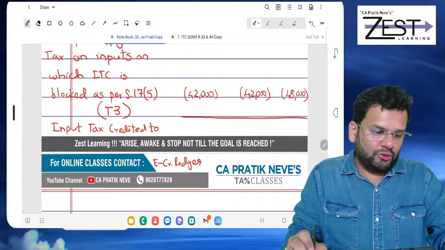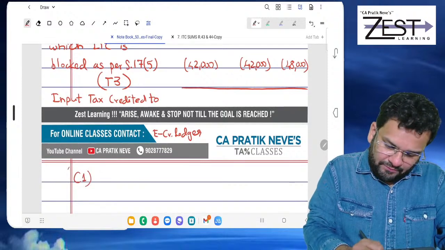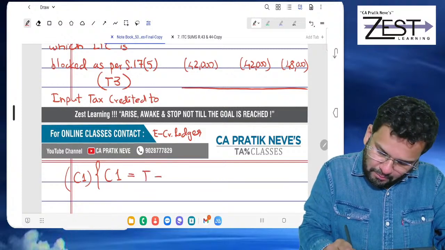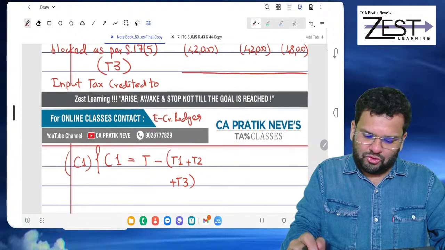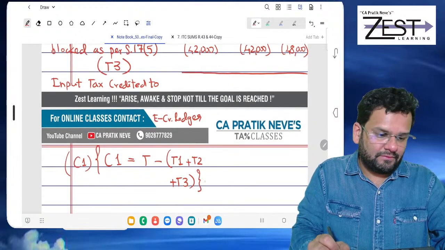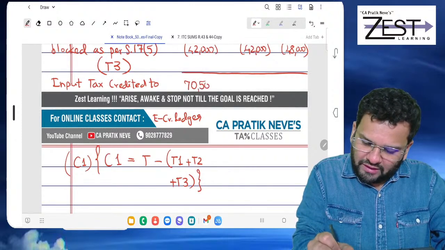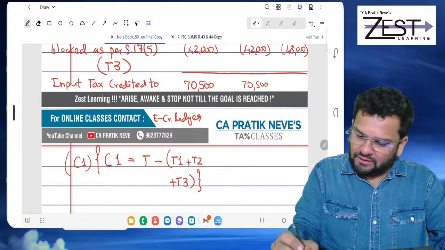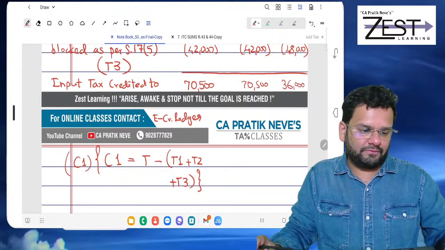That, as I told you, will be called as C1, and friends, that C1 will be equal to T minus T1 plus T2 plus T3. So may I know what is C1 here? So as we had computed, it is 70,500, 70,500 and 36,000. Are you all getting these figures?